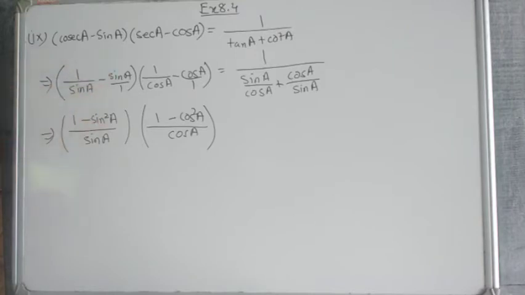Sin A into sin A is sin square A. Whichever way you want to remember, you can remember. Both ways the correct answer will come. That is the universal application of that rule, and in some questions you can do it this way.